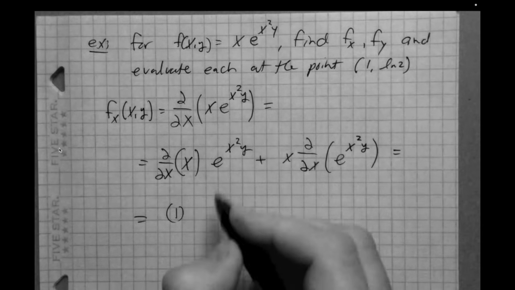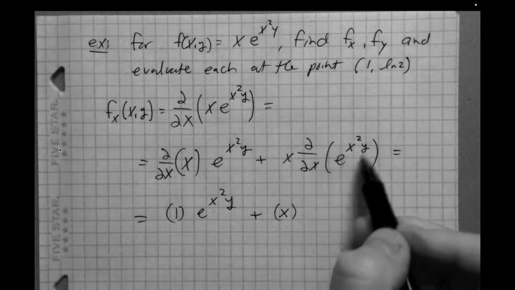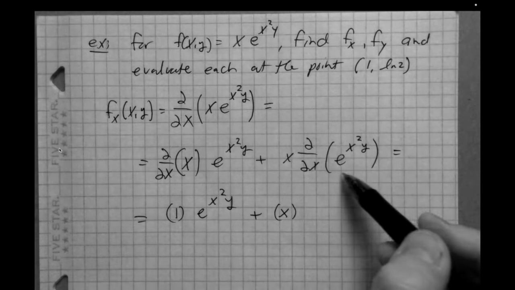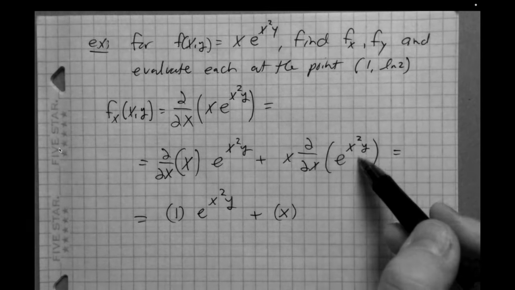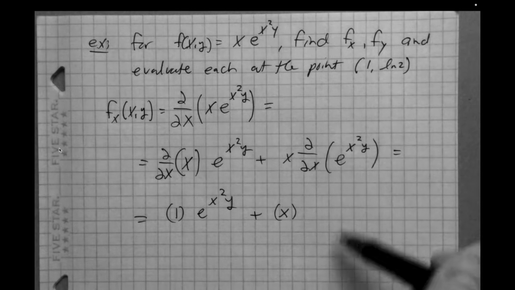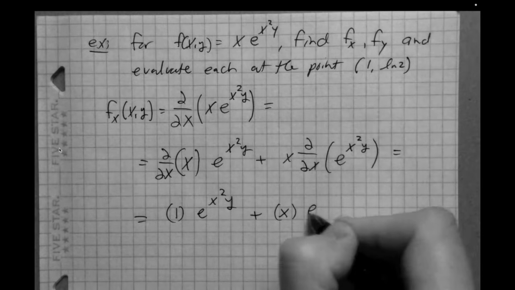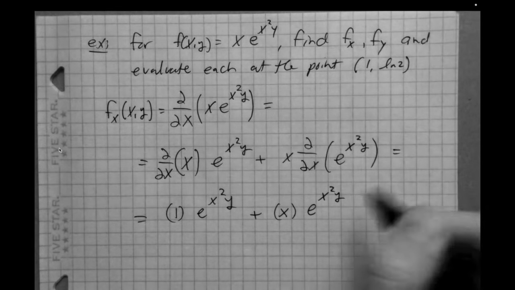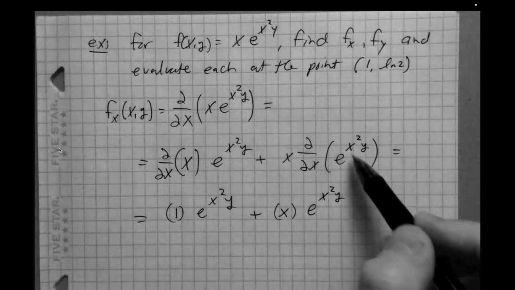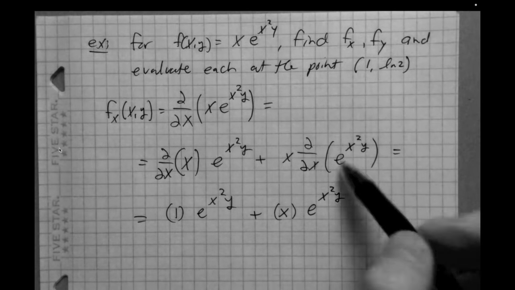And then we've got the x here, and then the derivative here is, what are we going to have to do here? Well, for this part, we're going to have to use the chain rule, right? So you've got the outside function is e to the u, and then u is x squared y. So this would be e to the x squared y power times the partial derivative of x squared y with respect to x.